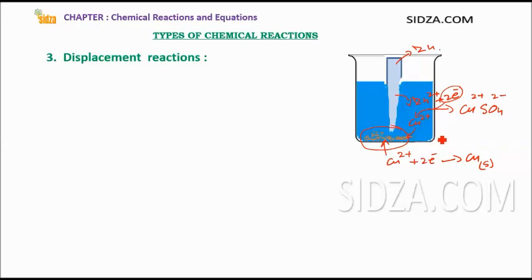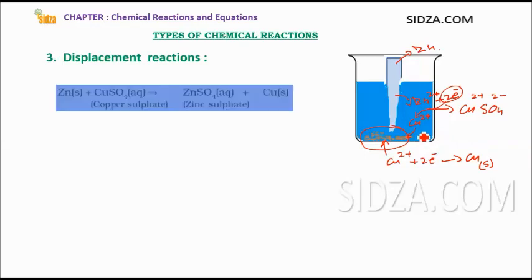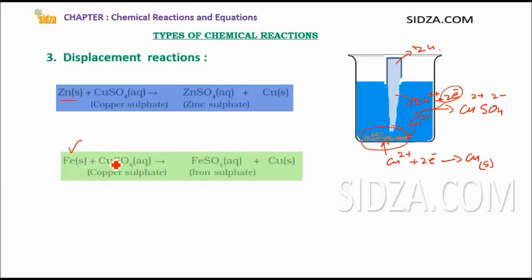Not only the zinc, we can use other metals to displace the copper, right? So we can use the iron also to displace the copper, which means that copper is less reactive than the iron. Okay, so you can use iron nails, suppose. You can take iron nails in the copper sulphate. Again, you will find there also the copper being precipitated out, which means that iron is more reactive than copper.